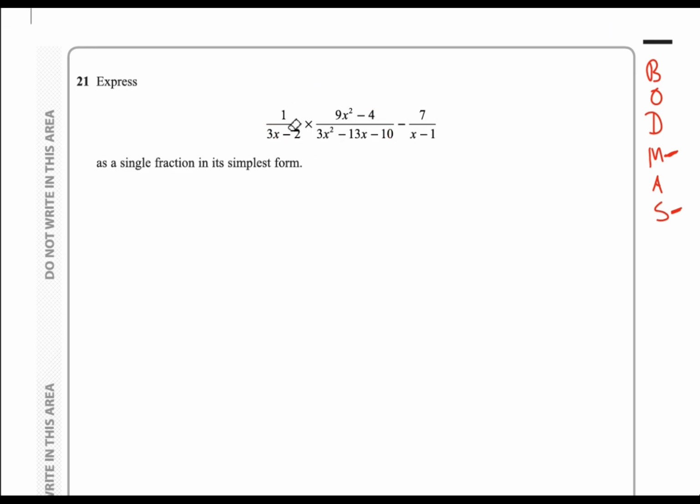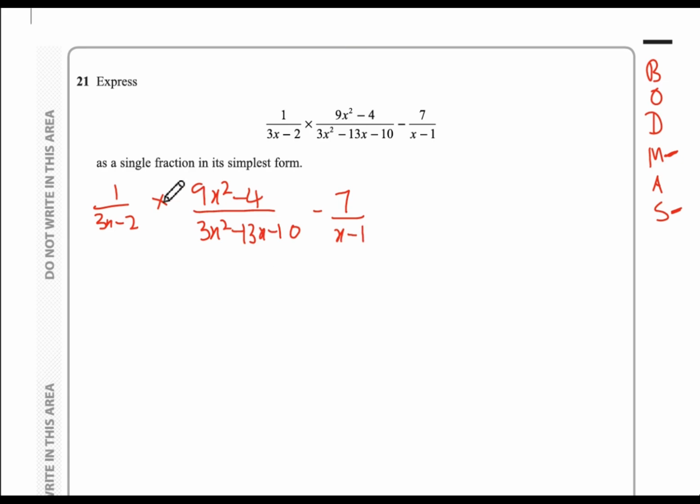So I would be leaving alone the minus 7 over x minus 1 without doing anything to it and simplifying this. So I have 1 over 3x minus 2 multiplied by 9x squared minus 4 over 3x squared minus 13x minus 10. I'm just writing the last part here, but we are not doing anything to that, right?